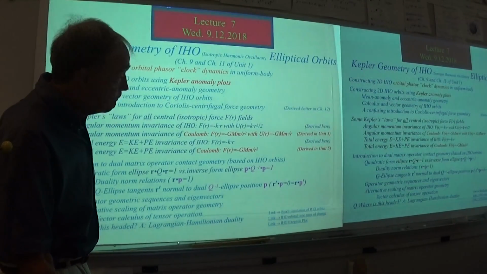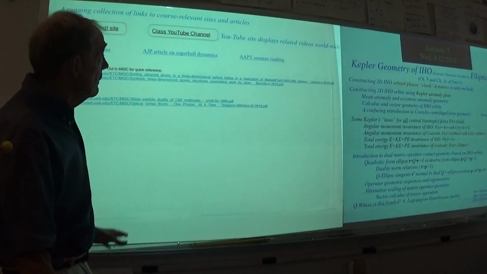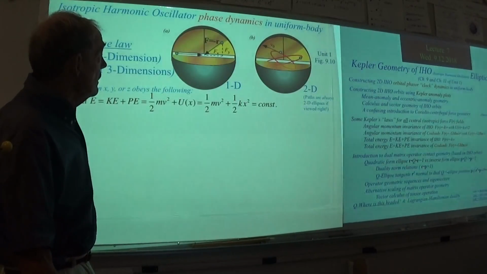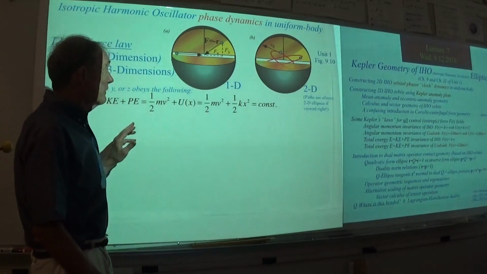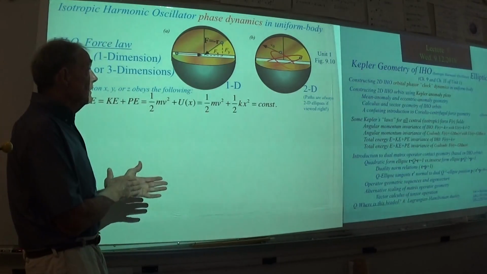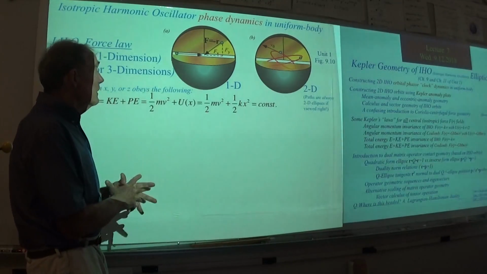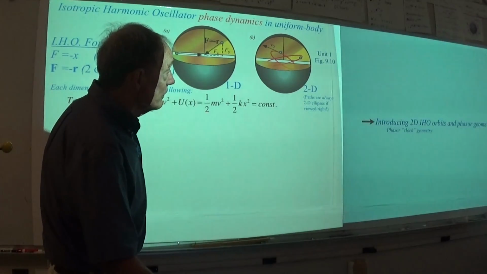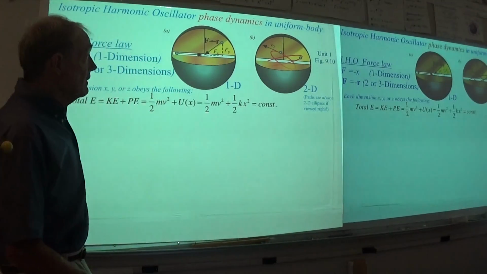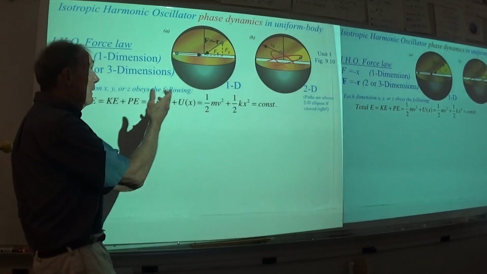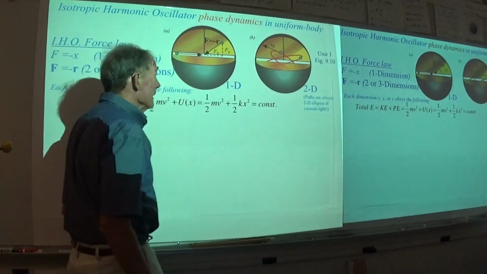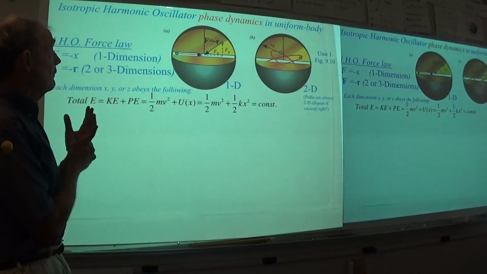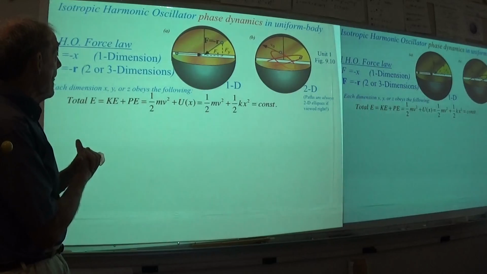Now, as usual, there are some links here to some things that we'll do later. They're more distantly connected with what we're doing here. But in any case, the basic idea of this isotropic harmonic oscillator is that we get it if we have a uniform gravitational body or a uniform electrostatic collection of uniform density charge.